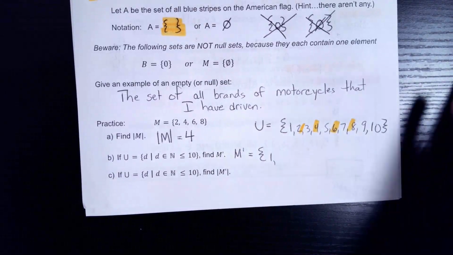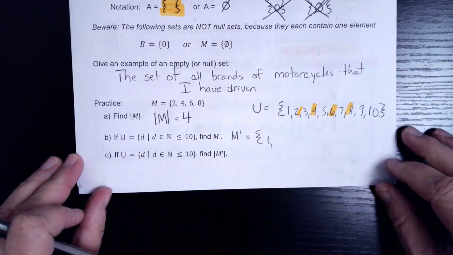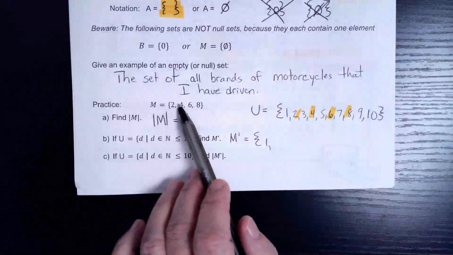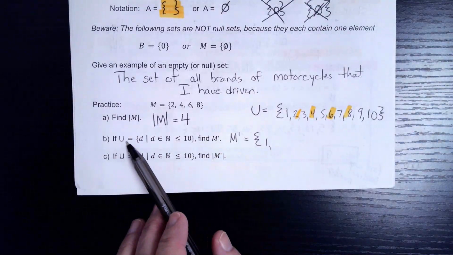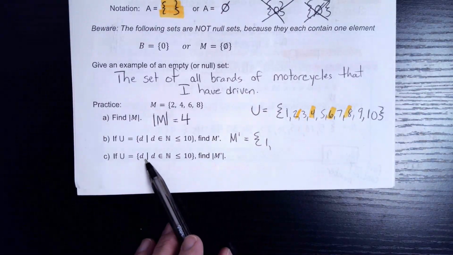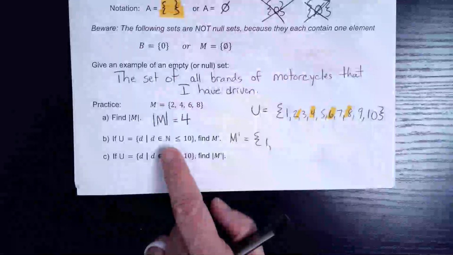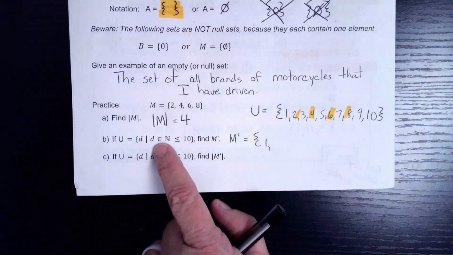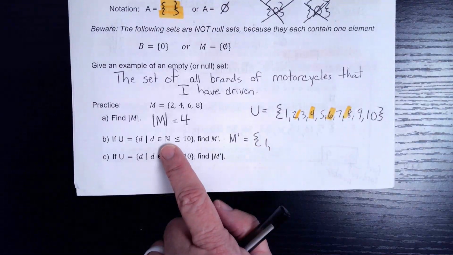All right, real quick, I'm finishing up these notes, okay? If you recall, we've already looked at set M, which has a 2, 4, 6, and 8 in it, right? And then at the beginning of part B, it defined the universal set, which by the way is the very same universal set that's going in part C. So we wrote out the universal set, which was the set of all D such that D is an element of the natural numbers, and the natural numbers start with 1, right?